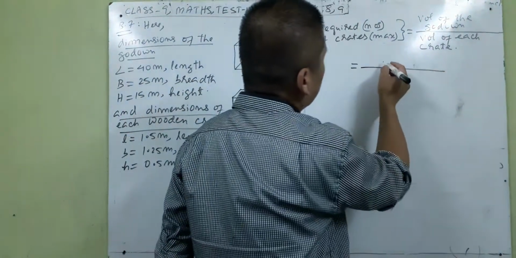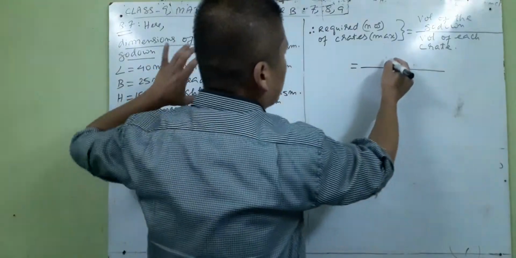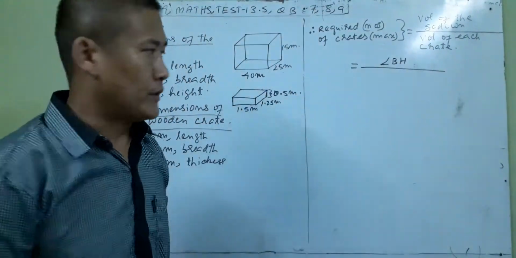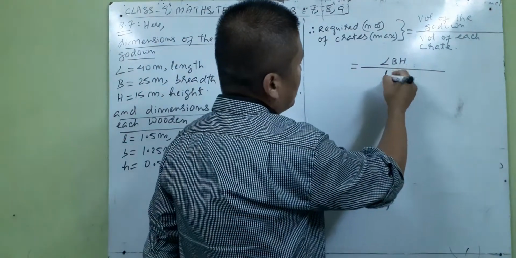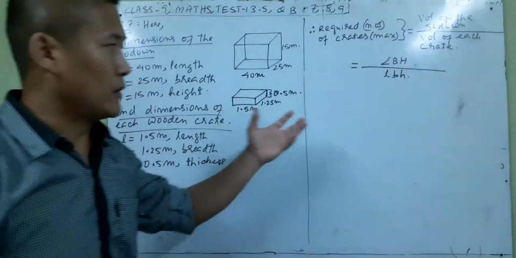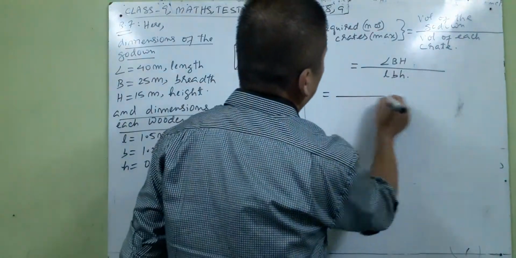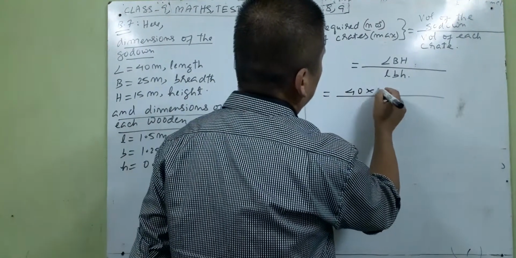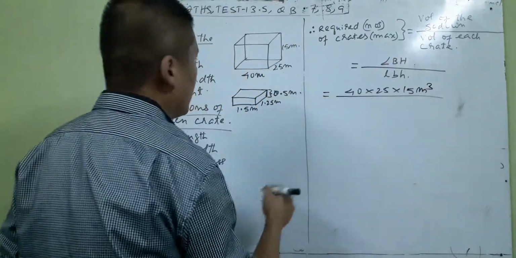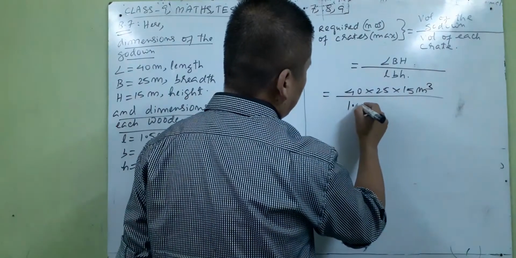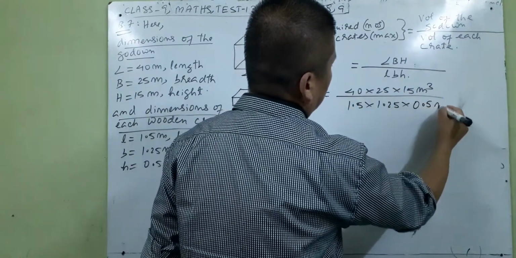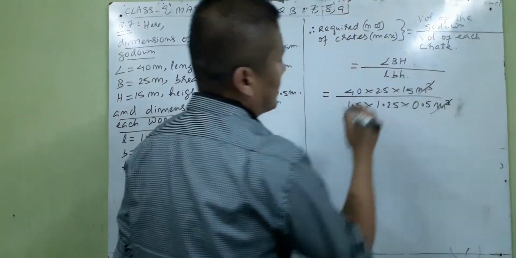Here, volume of a godown means the shape is cuboid, so it will be the formula for volume of a cuboid, capital LBH. The wooden crate is also a cuboid, also small lbh, the same formula as volume of a cuboid. So here now L is 40 into 25 into 15, meter cube, and below is 1.5 into 1.25 into 0.5, and volume is 3 dimensions, so meter cube, so these two can cancel.